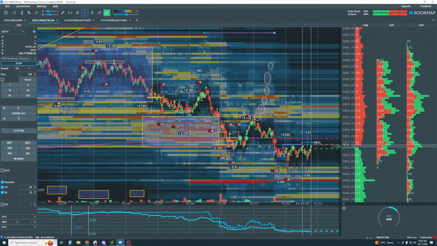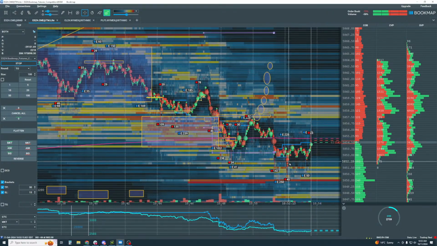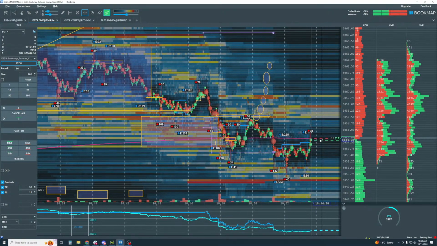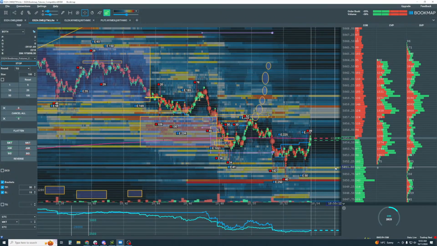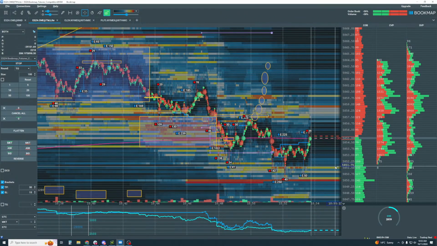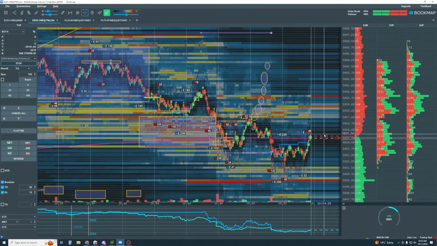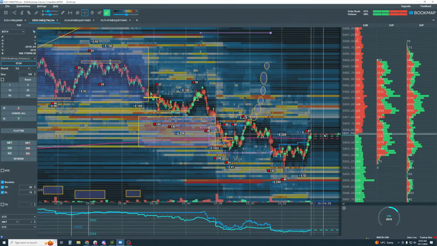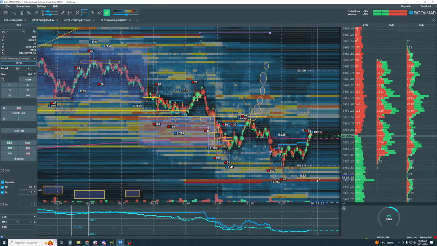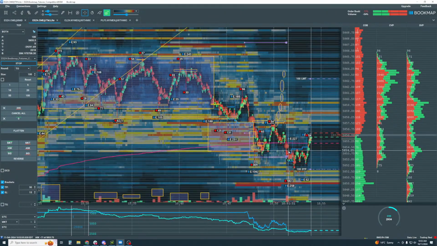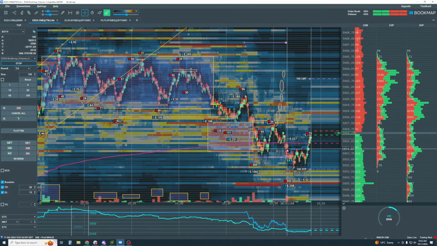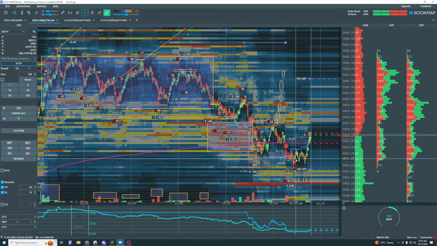I'm still looking for our aggressors again in here after this move. They're starting to come in. I'm gonna shoot again here. I'm gonna go for it. So just be aggressive here.